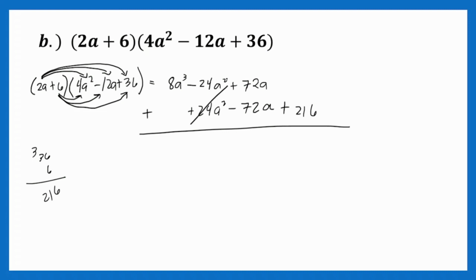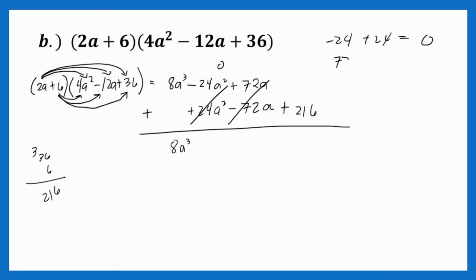Cancel mo yan kasi magiging 0 ito eh. Negative 24 plus 24, the answer is 0. So, kapag 0 na yan, hindi mo naman ilalagay yan sa final answer. Kaya hindi na natin siya ilalagay. So, we have 8a cubed. Ito naman, parehong 72a, pero magka-opposite ng sign, cancel mo din.